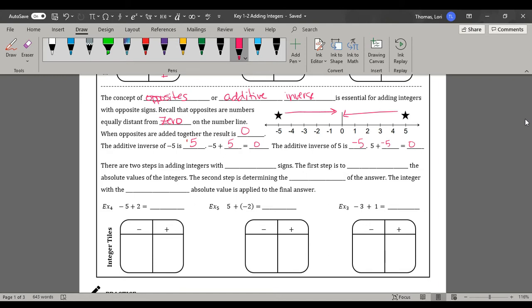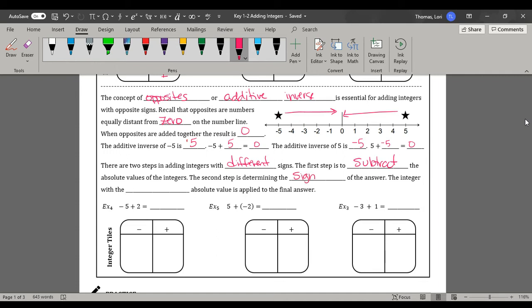There are 2 steps in adding integers with different or opposite signs. The first step is to subtract, yes, subtract the absolute values of the integers. The second step is determining the sign of the answer.